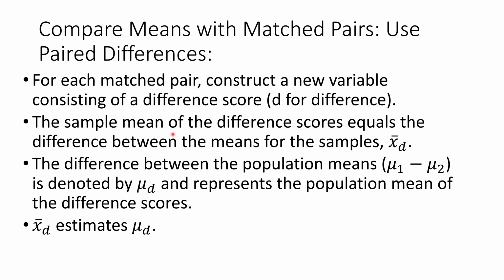The sample mean of the difference scores equals the difference between the means for the samples, denoted as X bar underscore D. The difference between the population means, mu1 minus mu2, is denoted by mu-d and represents the population mean of the difference scores. We use X bar D to estimate mu-d.